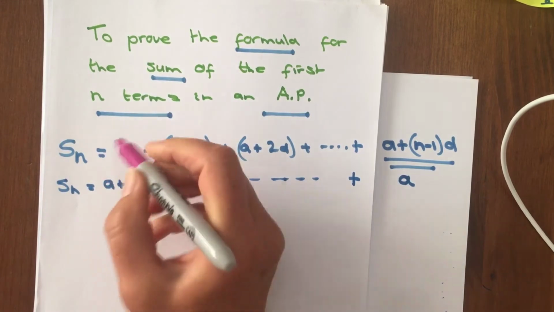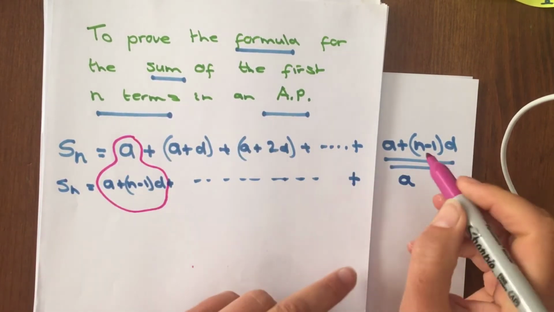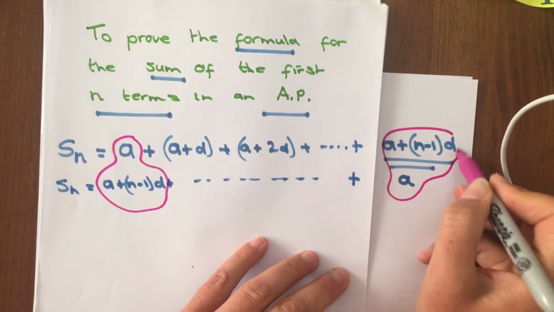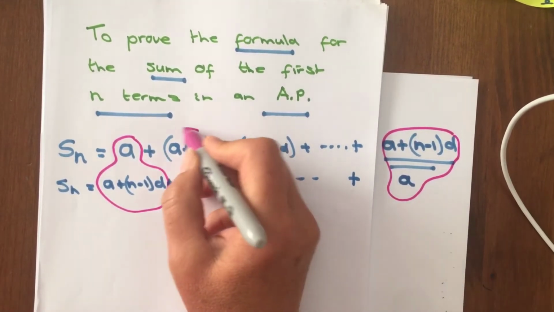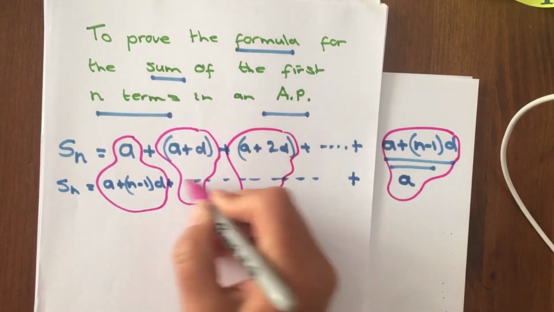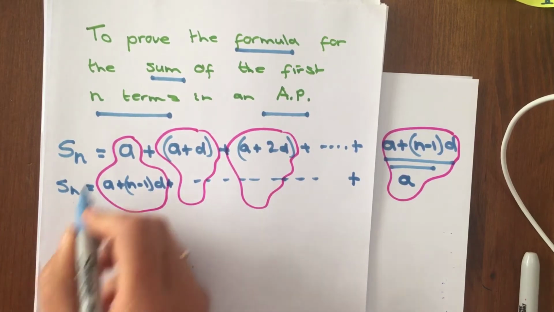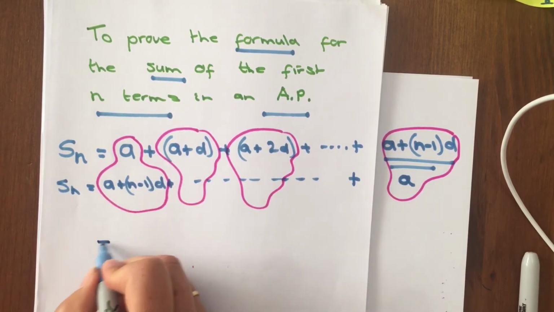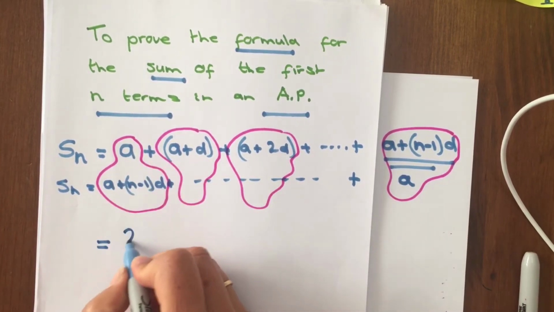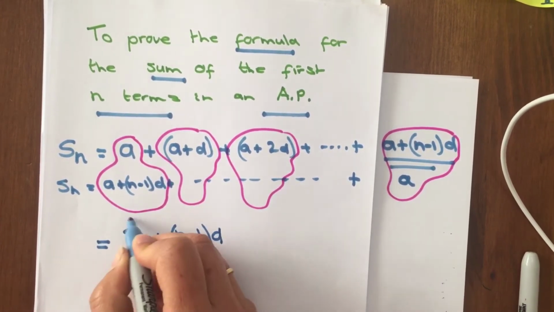Now, if you notice, this adding up together is the same as this adding up together, which would be the same as each one if I was to write them all out. So, if I add these up together now, I've got 2a plus (n minus 1)d.